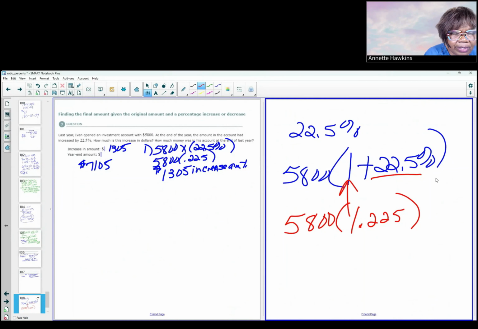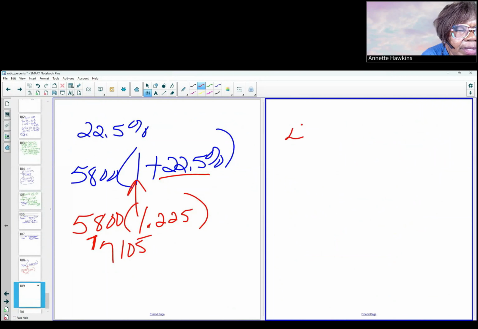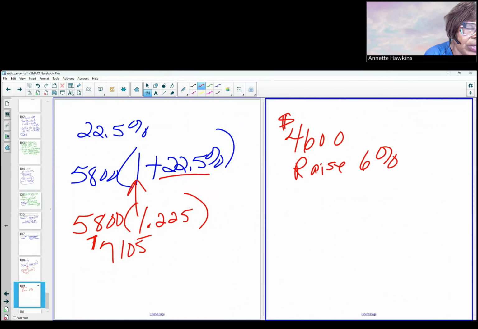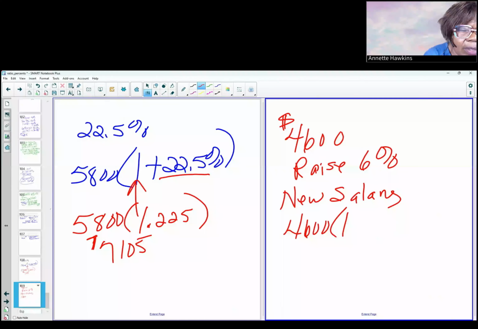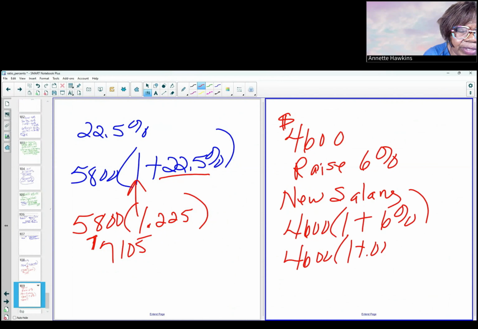So if you were getting a raise, so let's say that you made $4,600 a month, and you got a raise of 6%. Okay, so to get your new salary in one step, we would say 4,600 times 1 plus 6%. 4,600 times 1 plus 0.06.